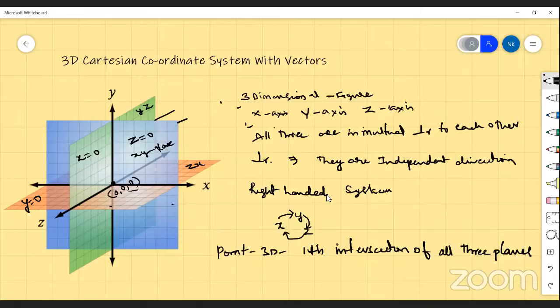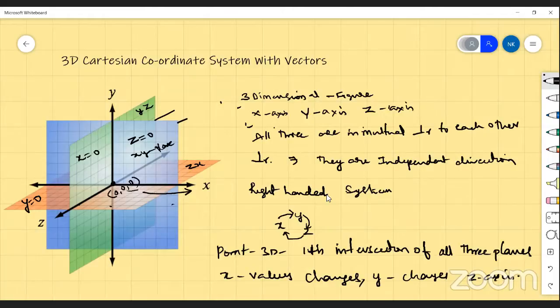Now, suppose you are moving along the x-axis. When you are moving along the x-axis, the x values will be changing. On the y-axis, y changes. On the z-axis, z changes.